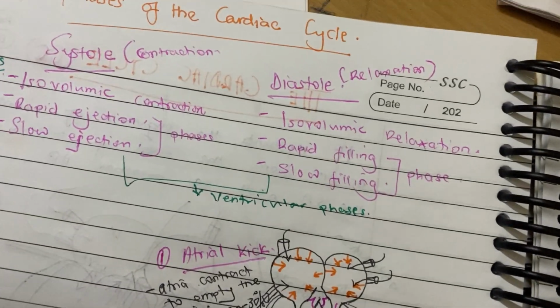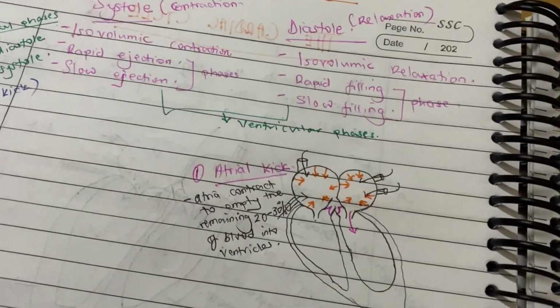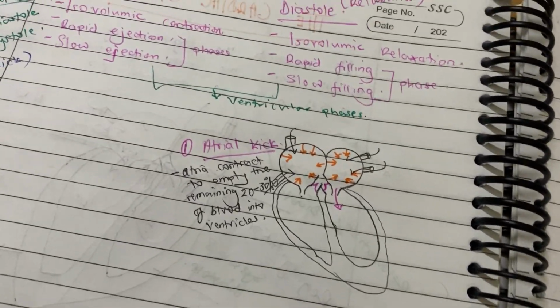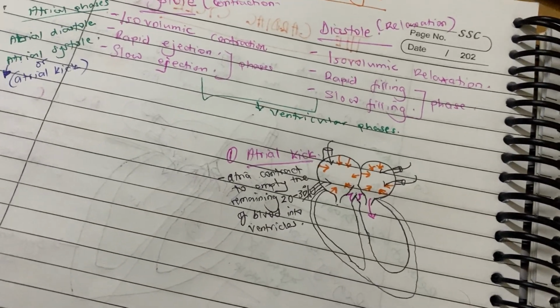The purpose of atrial kick is to make sure that the ventricles are 100% full before they start their contraction.